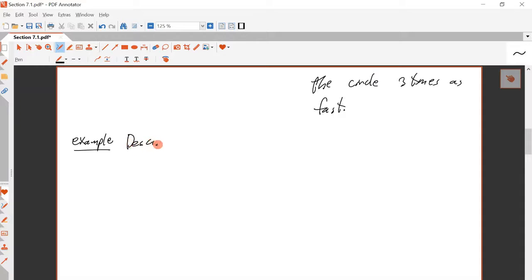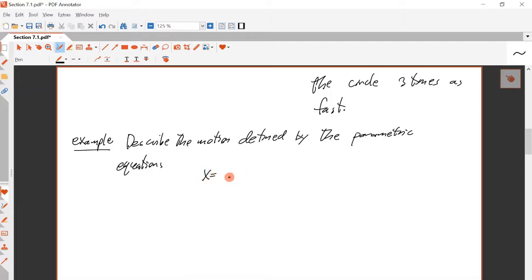Describe the motion defined by the parametric equations. x will be 2 cosine t plus cosine 6t. y is equal to 2 sine t plus sine 6t.